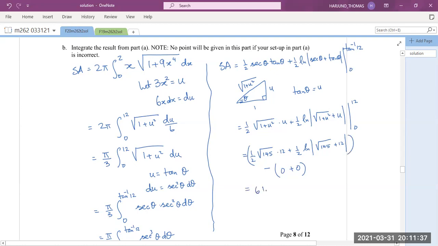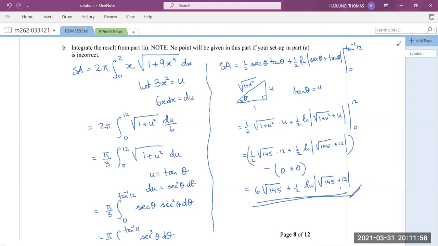So this is 6 square root of 145 plus 1/2 natural log of square root of 145 plus 12. That's for number 8.